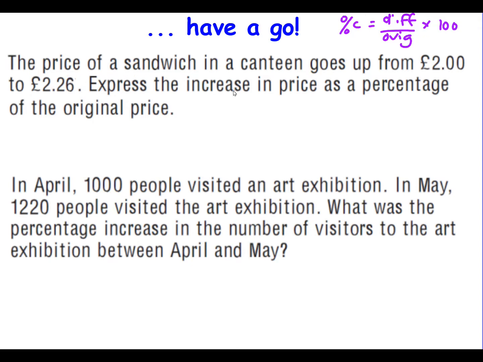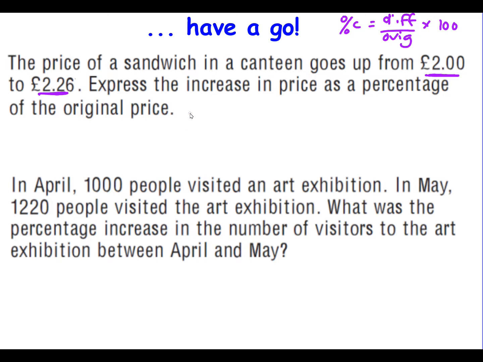The price of a sandwich in a canteen goes up from £2 to £2.26. Express the increase in price as a percentage of the original price. Let's have a look at the question. So the price of a sandwich in a canteen goes up from £2 to £2.26. Express the increase in price as a percentage of the original.